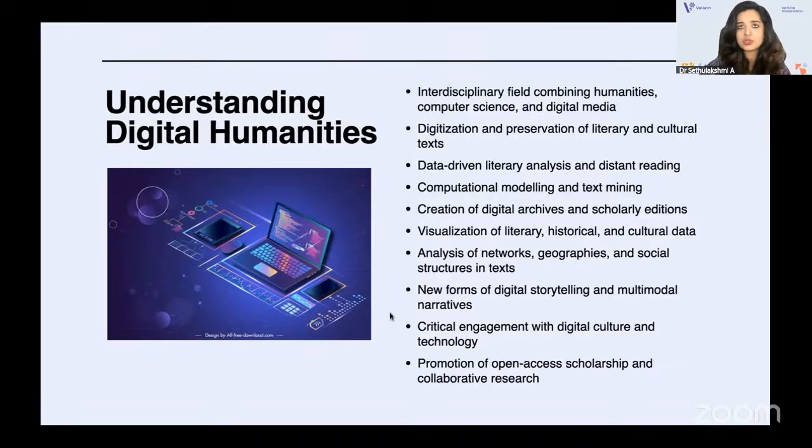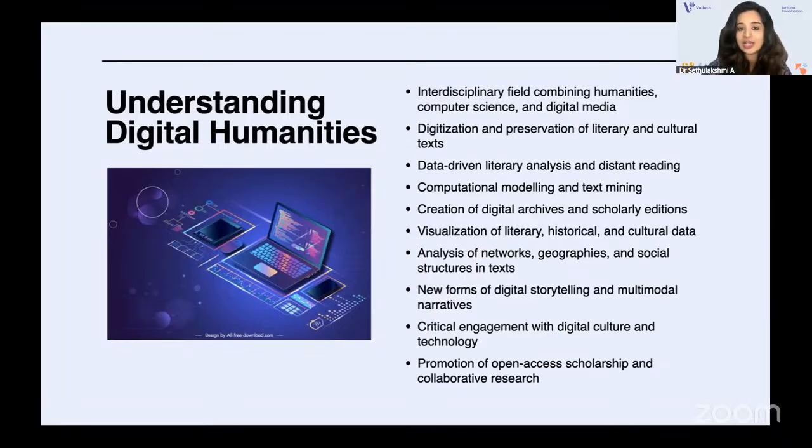So, firstly, I'm sure you're familiar with digitization of text. As ma'am was saying, when we first look into this term, suddenly this feature of digital humanities comes into the picture. That is digitization of text. This involves converting manuscripts, rare books, historical documents, and other print materials into digital formats.